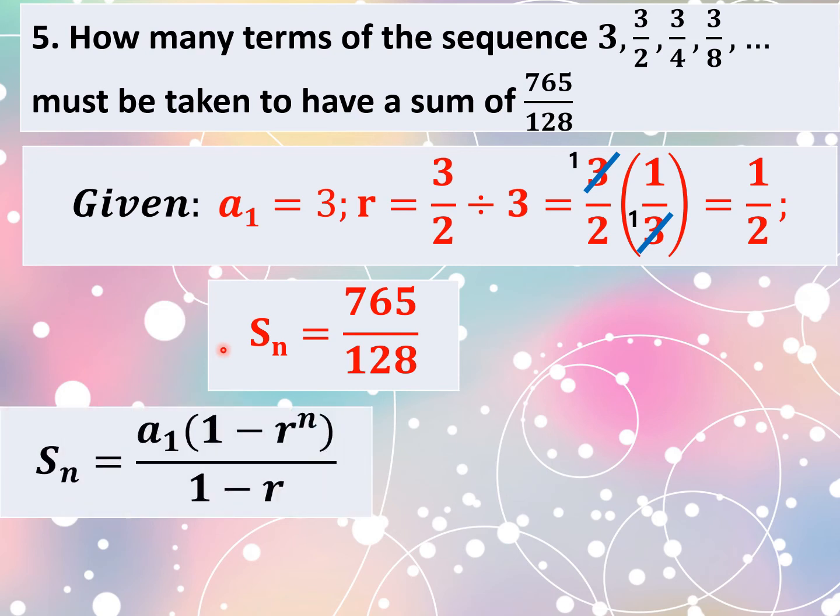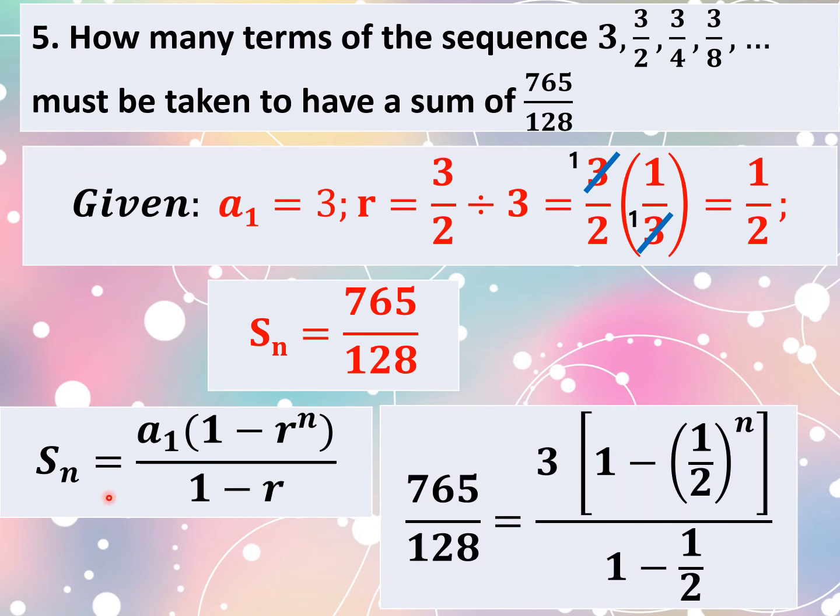So, from the formula na S sub n is equal to a sub 1 times 1 minus r raised to n all over 1 minus r, mag-substitute tayo gamit yung mga given information. So, S sub n is 765 over 128. Ang a sub 1 magiging 3. Yung r magiging 1 half. Same dito sa taas at saka sa baba.